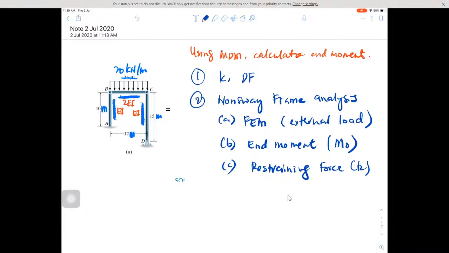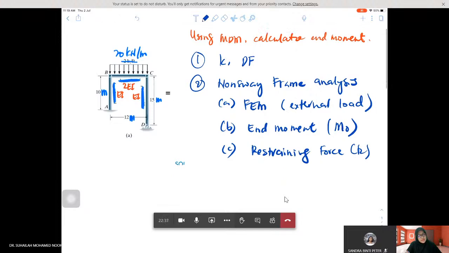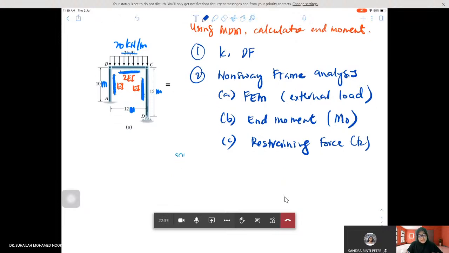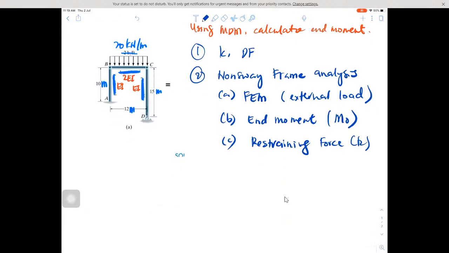This is step number 2, non-sway frame analysis. Remember to make this diagram. This is the original diagram. This diagram has a combination of sway delta as well as external loading.